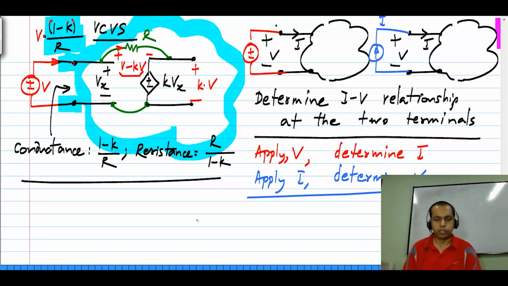You can also see what happens with this. If K is smaller than 0, let me call this the effective resistance R effective.